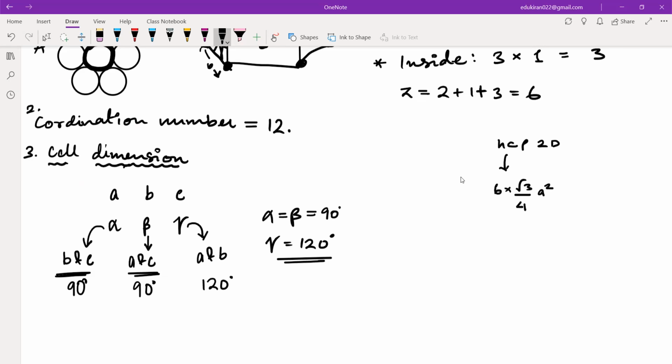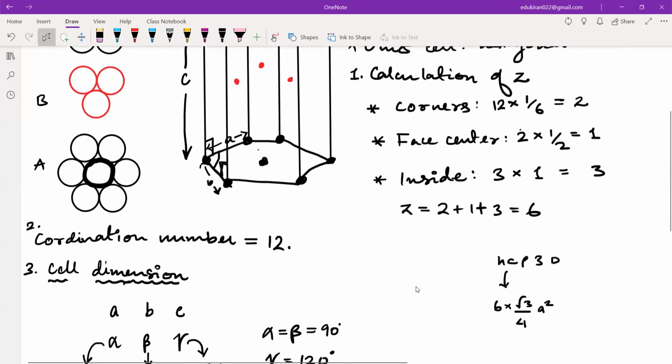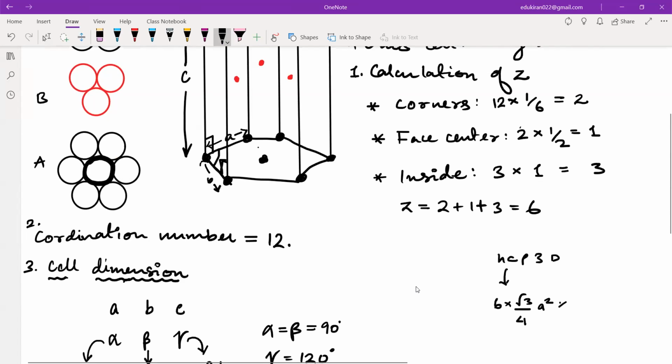As soon as we went to 3D, one more dimension was introduced, which was C, the height. So the area of the base into the height will give me the volume for this hexagonal unit cell.